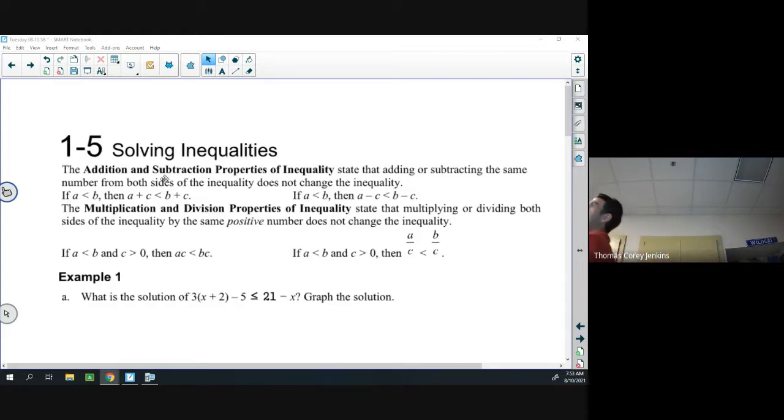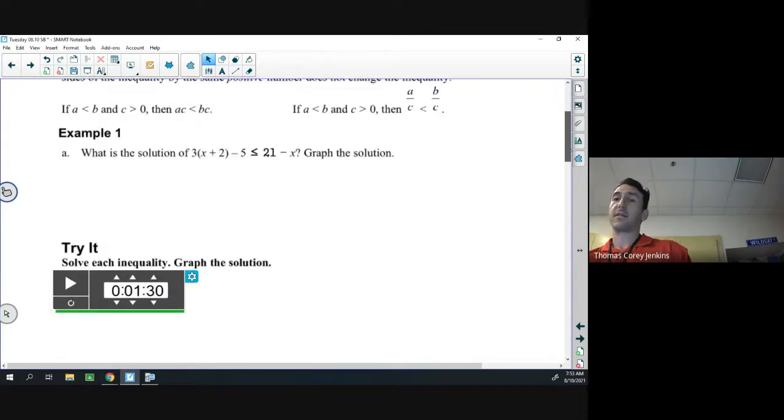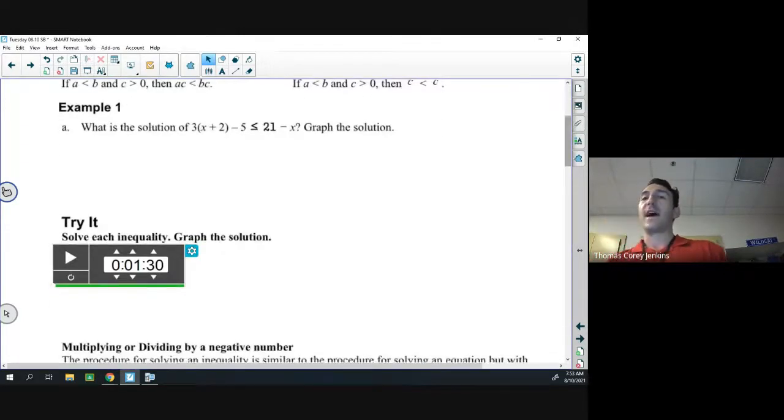Anybody remember? Graph, right? So we show that on a number line sometimes. There's also interval notation that we might show, but all that differentiates an inequality from an equation. So while there are some similarities, there are also some differences, right? With that said, let's go ahead and get to it.